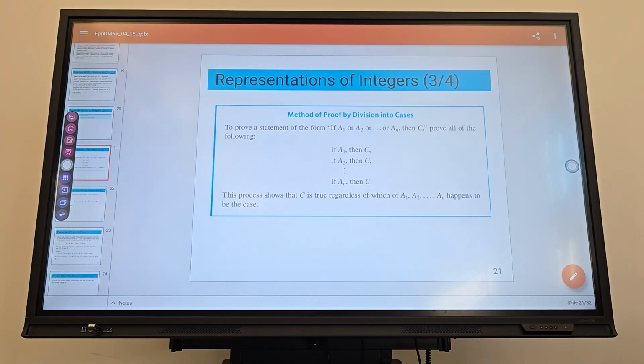To prove a statement of the form, if A1 or A2 or ... or AN, then C, prove all of the following: if A1, then C; if A2, then C; and so forth to if AN, then C. This process shows that C is true regardless of which of the A's happens to be the case. That's a proof by division into cases.